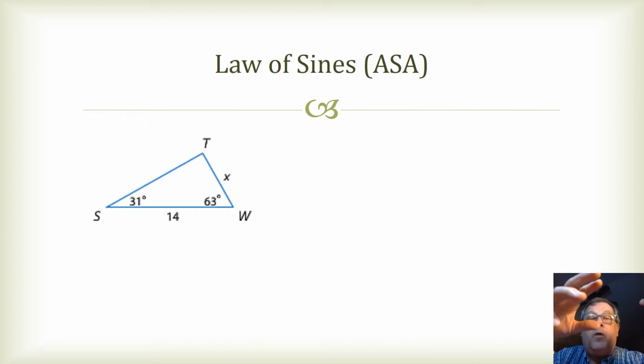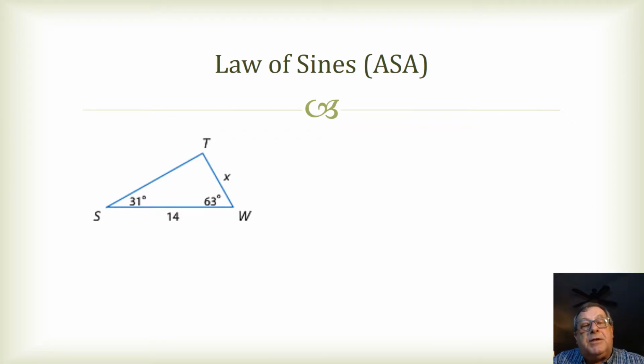And again, just real quickly, we can set up ratios where if we take the sine of an angle over the side opposite that angle, we can set those ratios up for all three of the angles, because all three are going to have sides opposite. And those ratios are proportional. And we can use that concept of proportionality to help us solve for a missing measure.